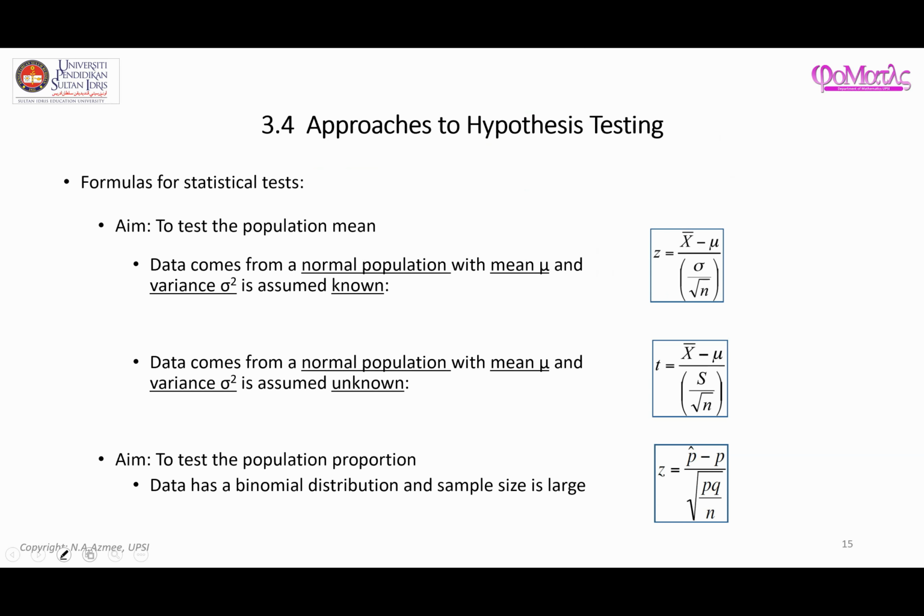You can see that when you have data that comes from normal population with mean mu and variance assumed known, you're going to use this statistical test. So when using this statistical test, later on you will have to refer to the standard normal distribution table for finding the critical value and also to find the p-value, for example.